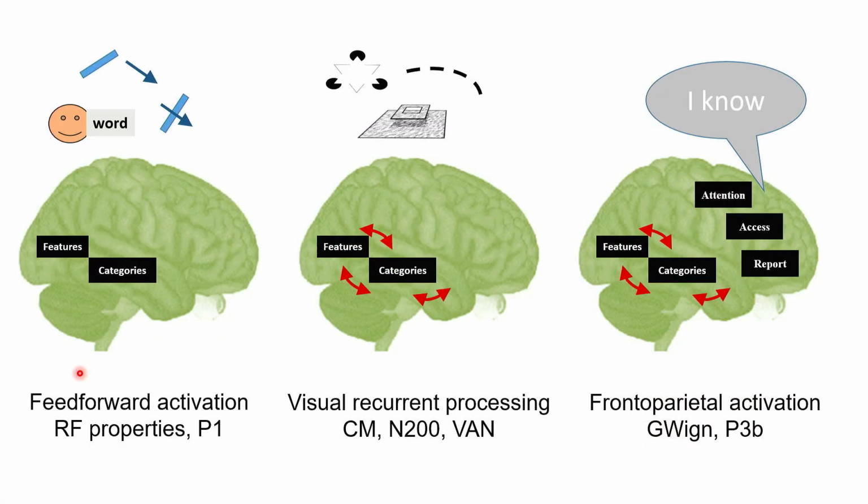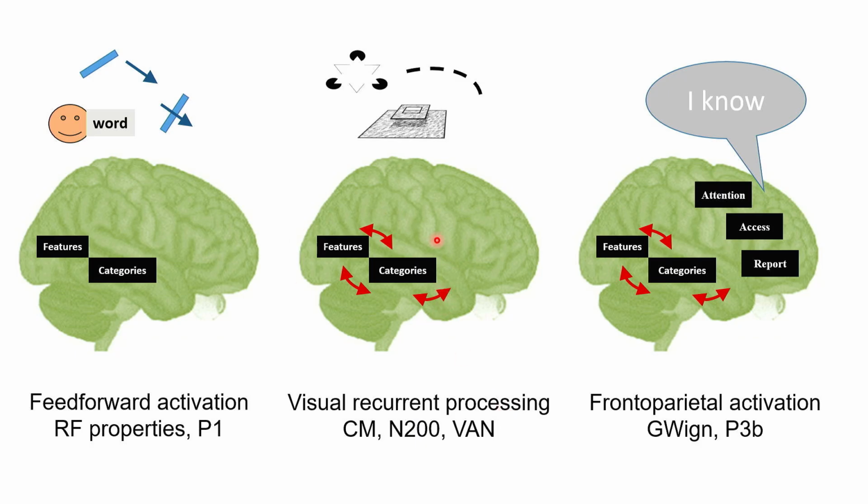So summarizing this, we have these feed-forward activations, which are giving cells their receptive field properties, and for example are expressed in EEG potentials like the P1, which is doing feature extraction and categorization, also high-level categorization. Then we have this visual recurrent processing, which is expressed, for example, by the contextual modulation results I showed you. Other researchers have shown this to be related to what's called the N200, a negative-going EEG potential at 200 milliseconds, or the visual awareness negativity.